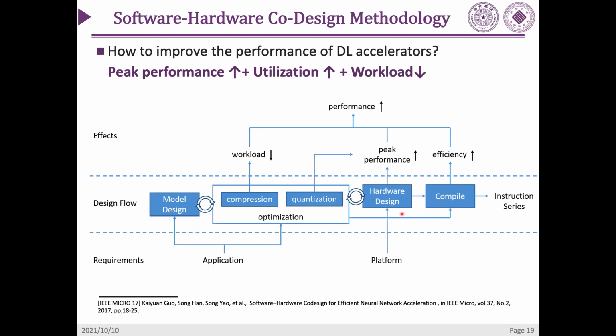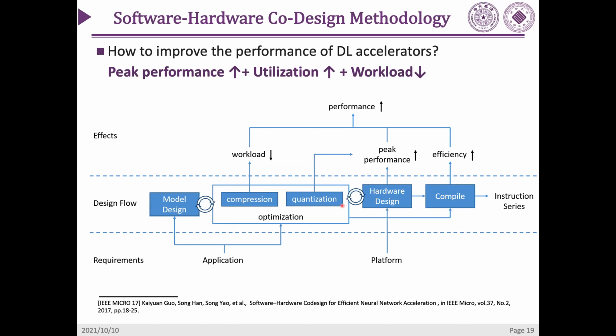So these are the design flow. But we can see if you want to have a very high performance and low power deep learning accelerator, you need to make the workload small. That means the total calculation number, the operation number, you need to get low. That means some of the weights you need to get into zero. So there you will have a lower workload.